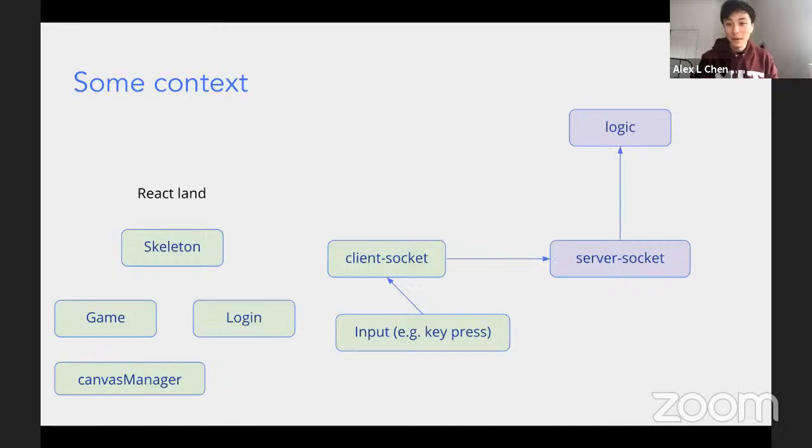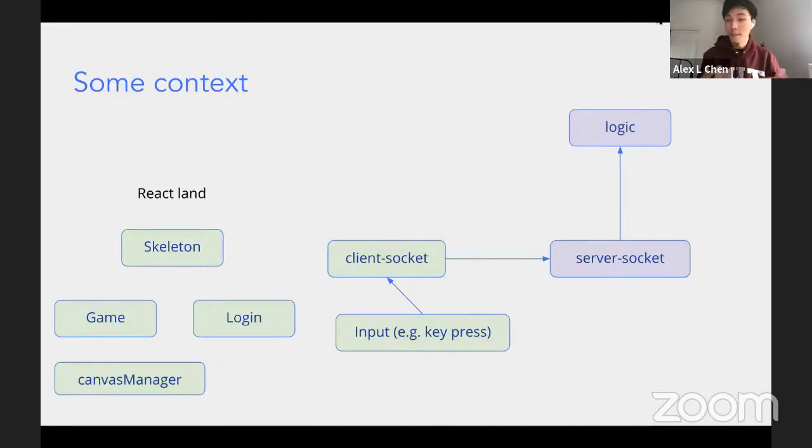You can see what happens when you send an input. If somebody decides to push their arrow keys, input.js will catch that and send it to client socket. Client socket will be like, great, it's a new input, and send a socket message from the client to the server. Then the server will say, oh, this is a socket message that has to do with the game, so I'm going to let logic.js handle it.